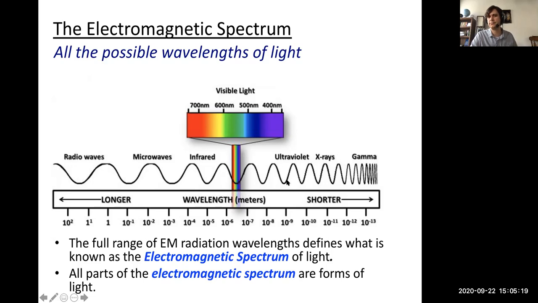Keep going to shorter and shorter and shorter wavelengths. So you keep moving to shorter and shorter. Those wave crests are getting really close together. So here you're at 1/10 of a trillionth of a meter is the wavelength. And you're talking about gamma ray light, the shortest wavelengths of light.